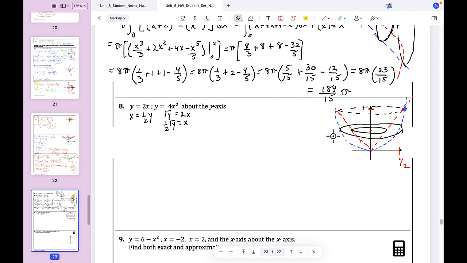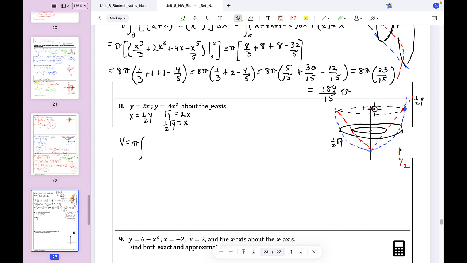So labeling the functions here, this blue one is 1/2 square root of y, and the red one is the 1/2 y.